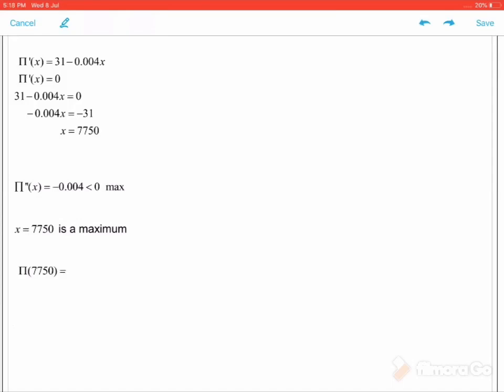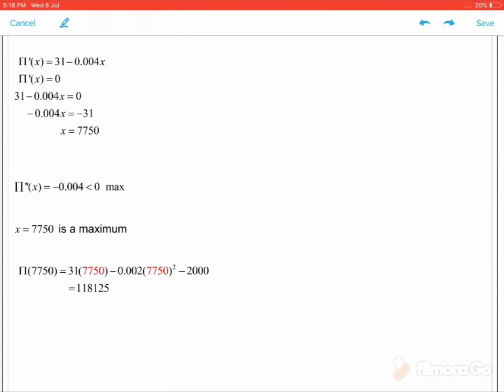The last step, we have to substitute x into our profit function to get the maximum profit. You get 31 multiplied by 7750 minus 0.002 multiplied by 7750 squared minus 2000.